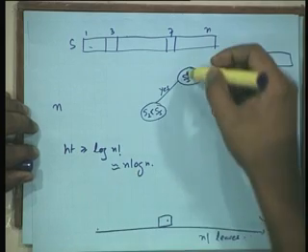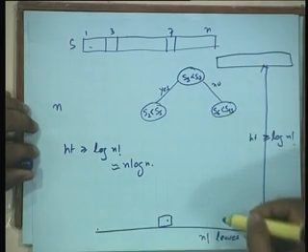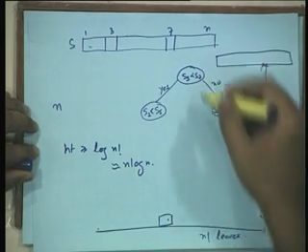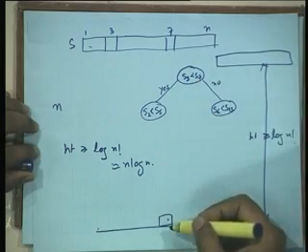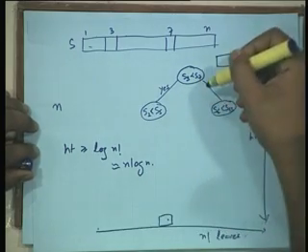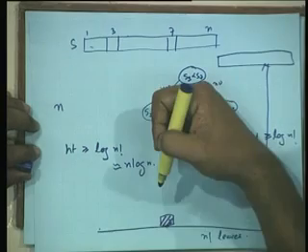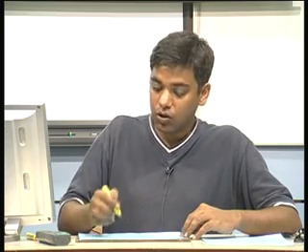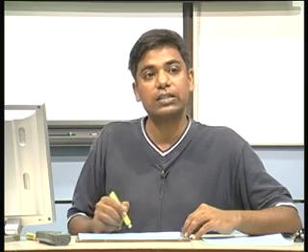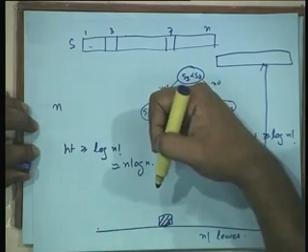So what is the height? The height is the distance of the furthest leaf from the root. So if this is the furthest leaf from the root, then if this were the permutation, your algorithm is going to take a time of at least n log n, or the number of comparisons is at least n log n.